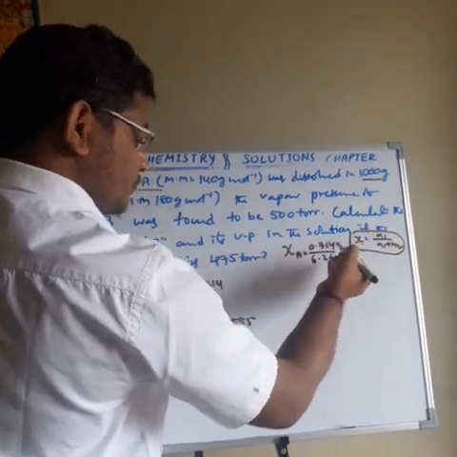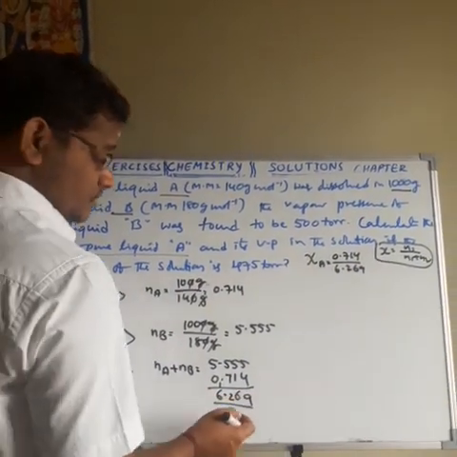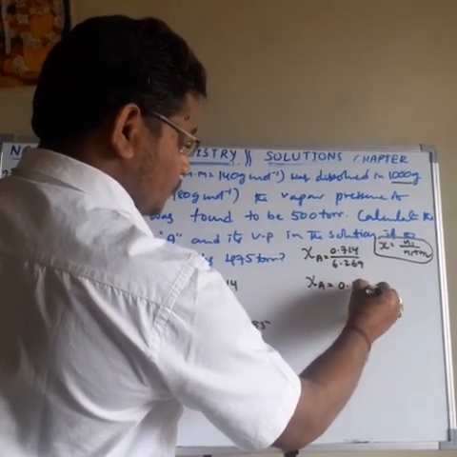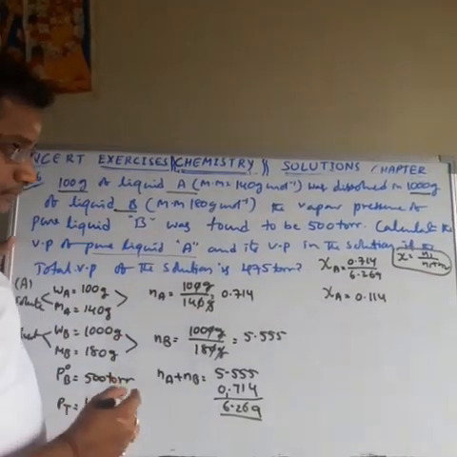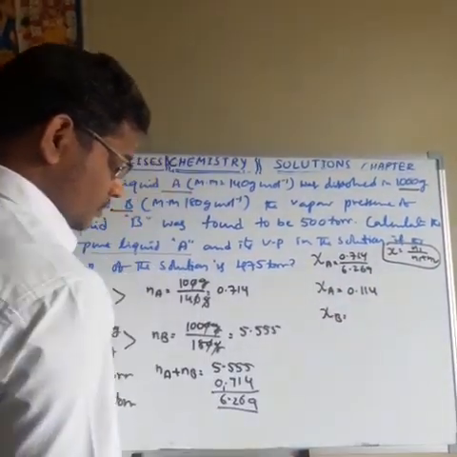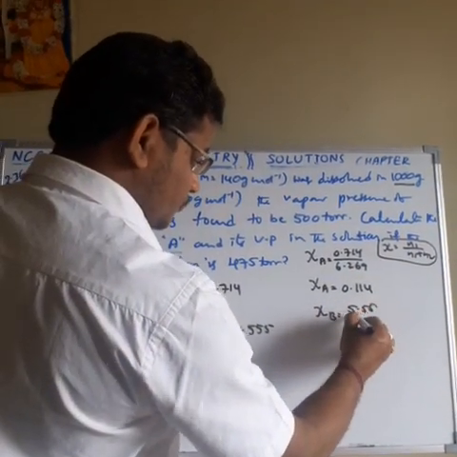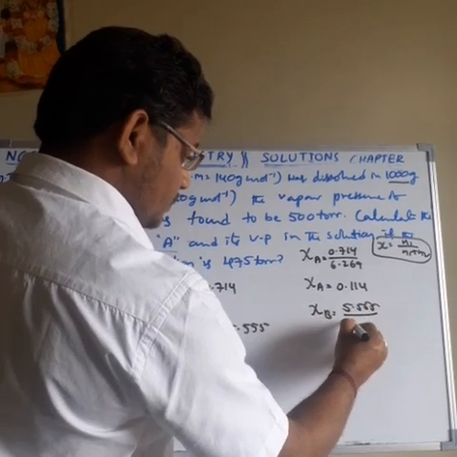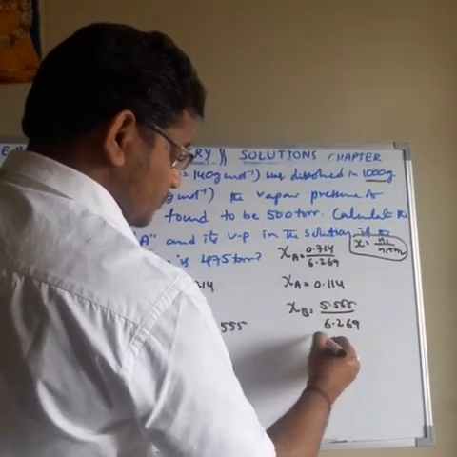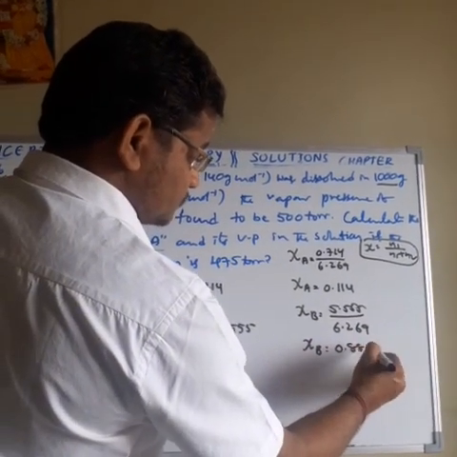By using this formula we have to calculate. Here N1 plus N2 we already calculated as 6.269. Then the mole fraction of A is equal to 0.114. Then next is the mole fraction of B. Mole fraction of B is 5.555 divided by 6.269, which is 0.886.